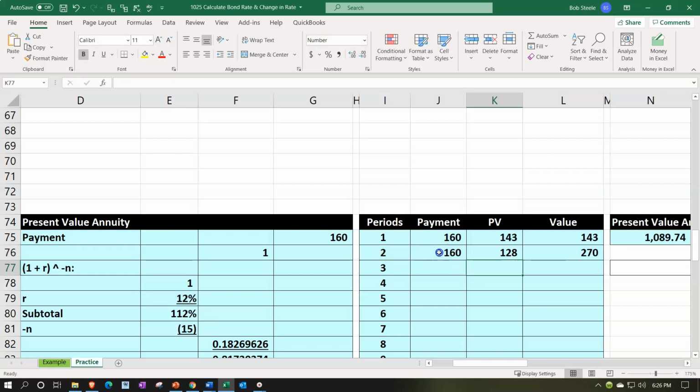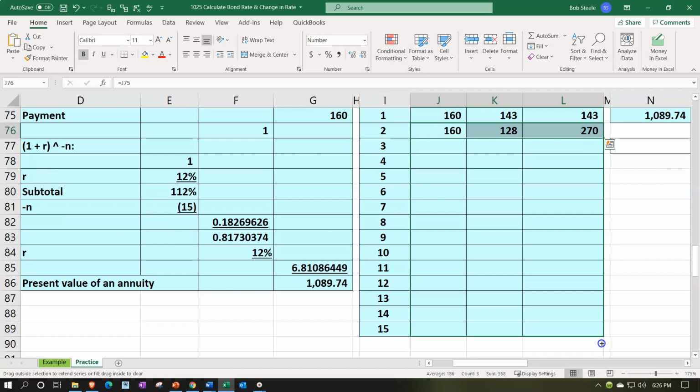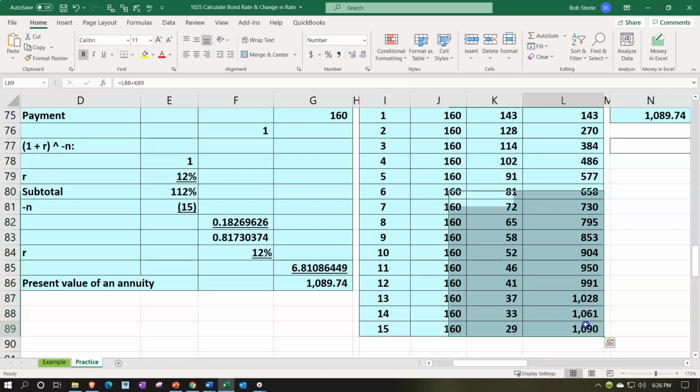You only need a mixed reference, by the way, for picky people, but absolute will work too. We'll select those 3, put our cursor on the fill handle for autofill and drag the handle down. Don't let go of the handle until you're down to 15 periods, then let go, and autofill does what autofill does. It fills the thing automatically.